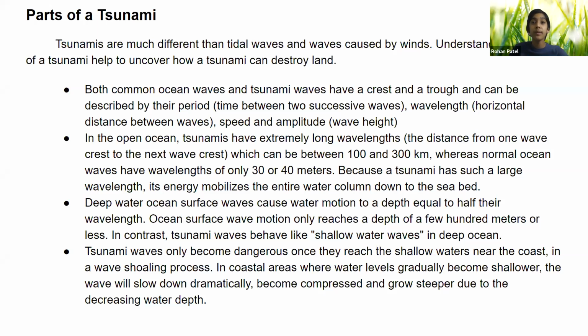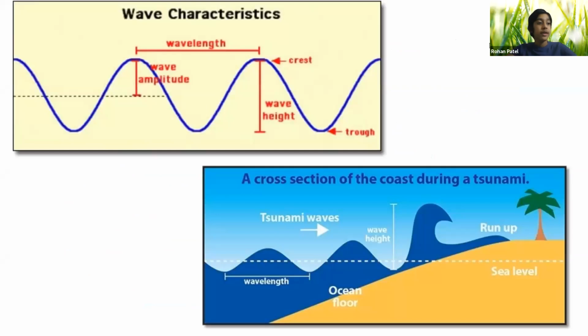Tsunami waves only become dangerous once they reach the shallow waters near the coast. In a wave shoaling process, in coastal areas where water levels gradually become shallower, the wave will slow down dramatically, become compressed, and grow steeper due to the decreasing water depth.